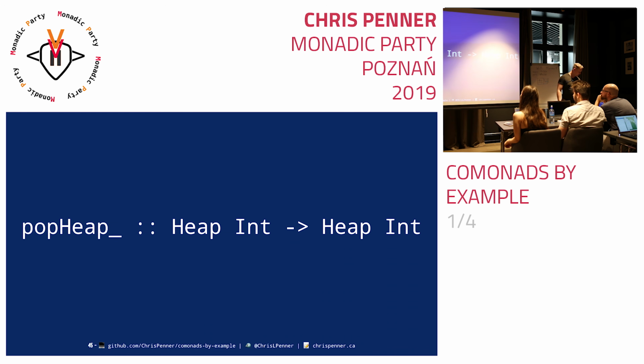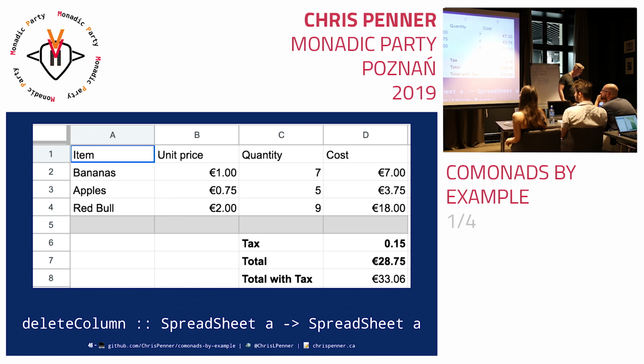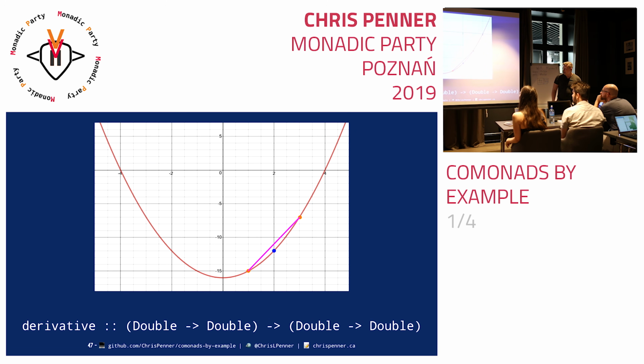Some more examples. You could throw away the top value of a heap, and it would presumably restructure itself. If we had a spreadsheet as our structure, we could delete a column from the spreadsheet. You still end up with a spreadsheet at the end of the day, but we've reshuffled some of the values around. Here's a more abstract one.